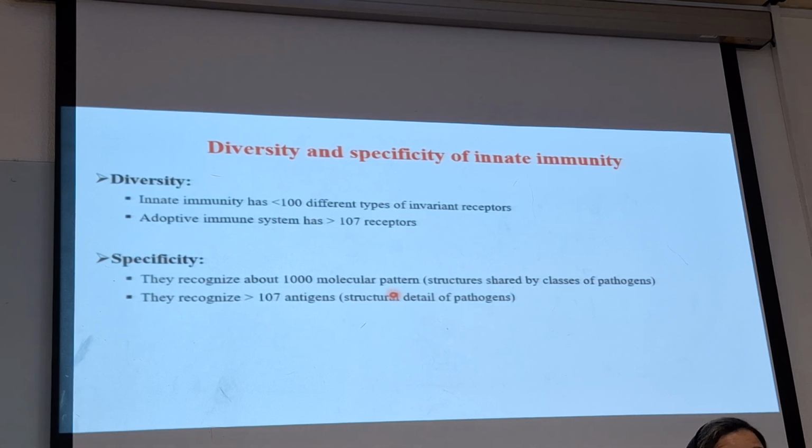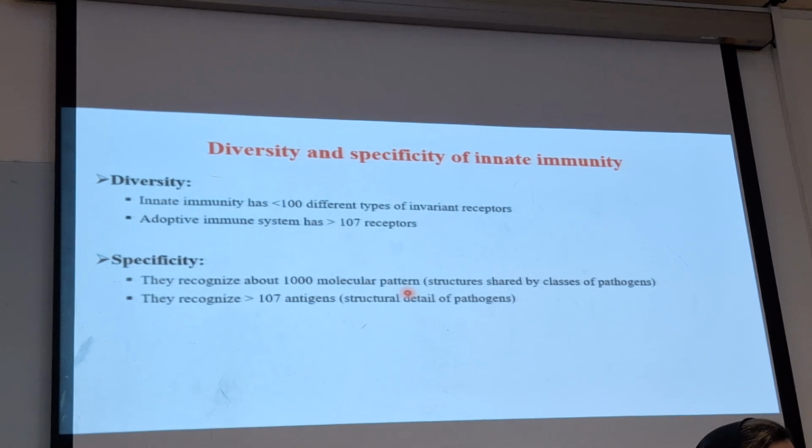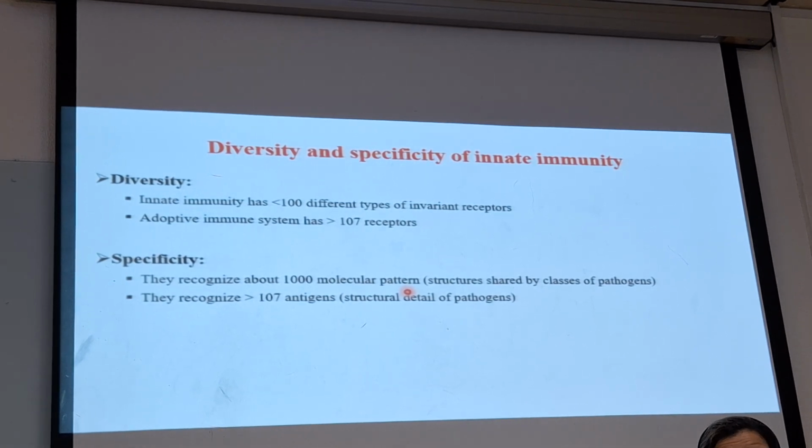We have less than 100 different types of pattern recognition receptors, and this limited number is able to recognize only about 1,000 molecular patterns, structures that are shared by different classes of pathogens.